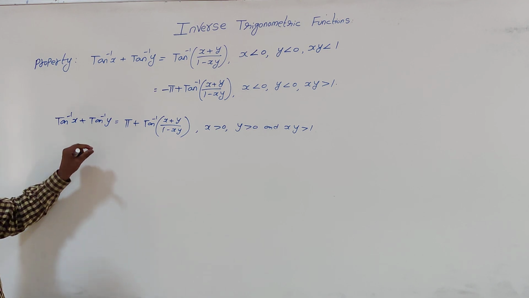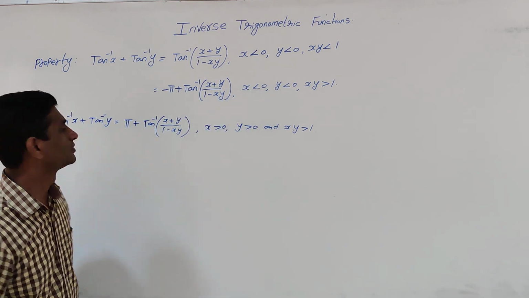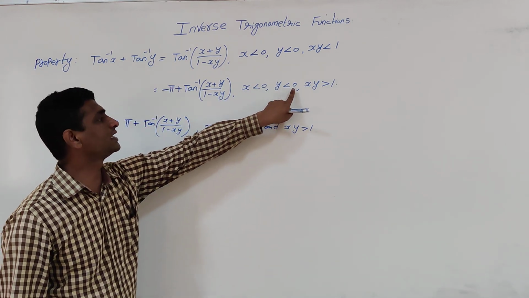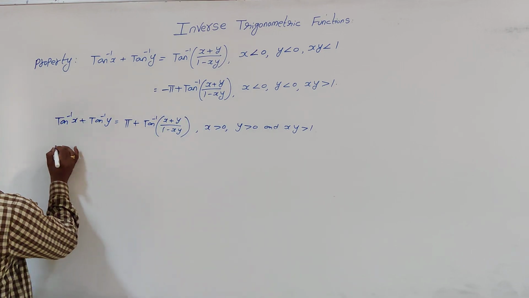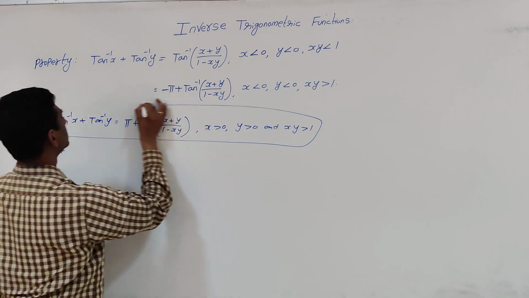But coming to this property, what is the condition? x is less than 0. So in order to prove this, x is a negative real number, y is a negative real number, and we'll be using this property.